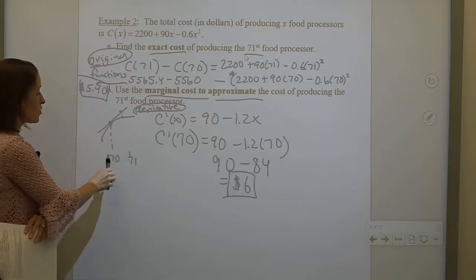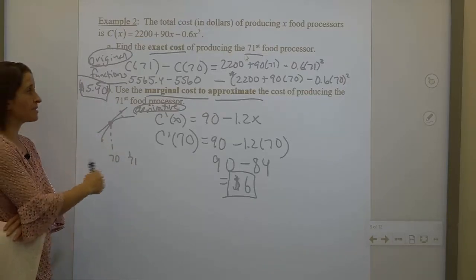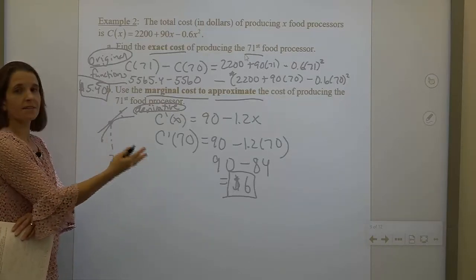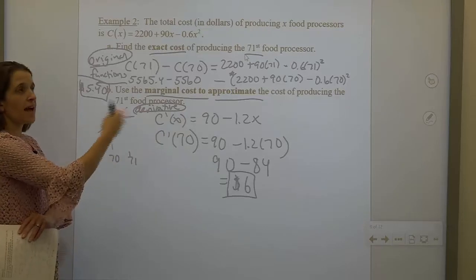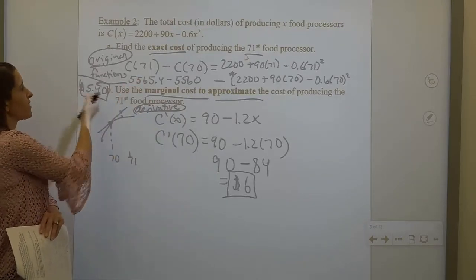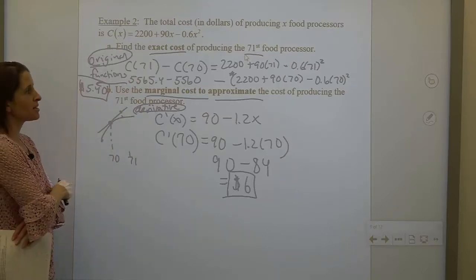So if you were sitting here trying to predict the cost of making the 71st item and you estimated $6, then once it actually happened and you went back and calculated it and it was $5.40, well then yeah, that was a pretty good estimate.